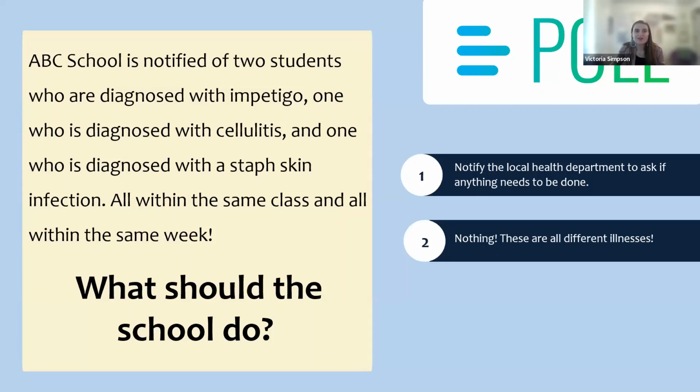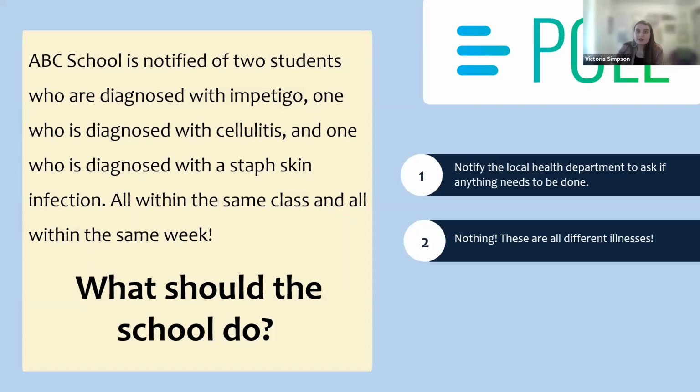Okay, let's take a look at our results. Great, 86% of you said to notify the local health department to ask if anything else needs to be done. So scenarios like this can be confusing because most of these kids did have different diagnoses. And even though we didn't talk about cellulitis today, staph is one of the bacteria that can lead to that diagnosis.